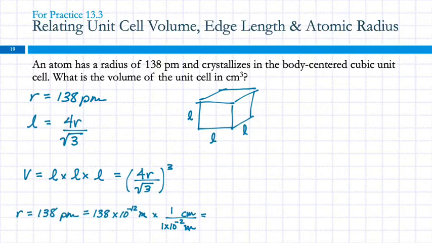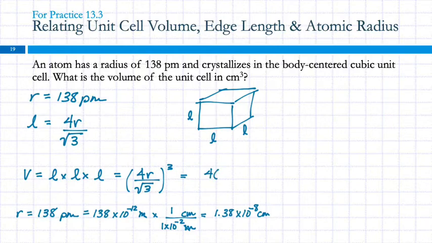And let's just go ahead and use the calculator. 1.38 times 10 to the minus 8 centimeters. So to find the volume of this unit cell, I'm going to plug that r into the equation.